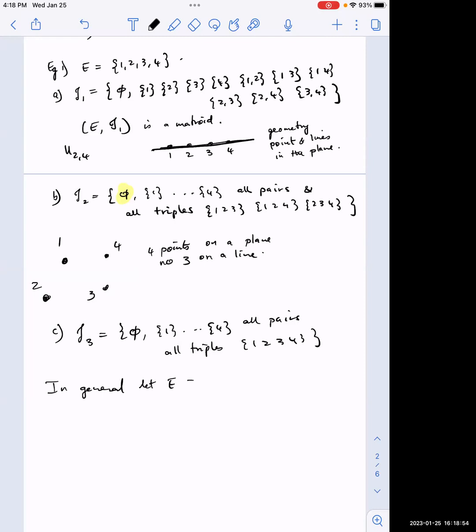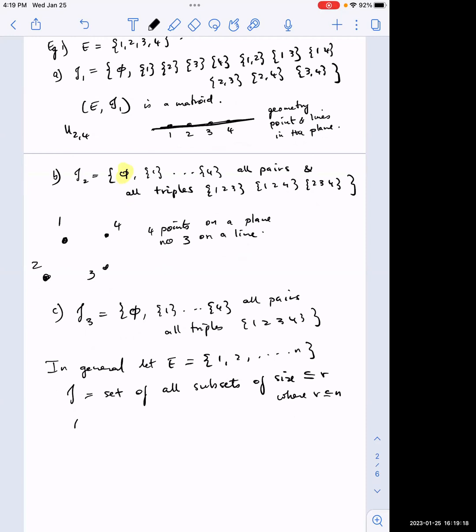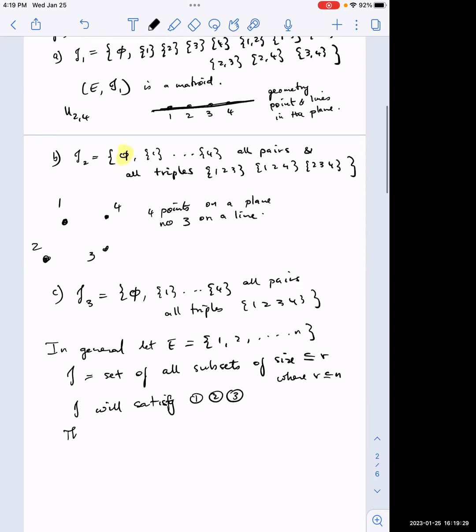And in general, let E be 1 to N, the points we're talking about, and let I be the set of all subsets of size less than or equal to R, and R should be less than or equal to N. Then I will satisfy 1, 2, 3. And this matroid is called the uniform matroid URN.